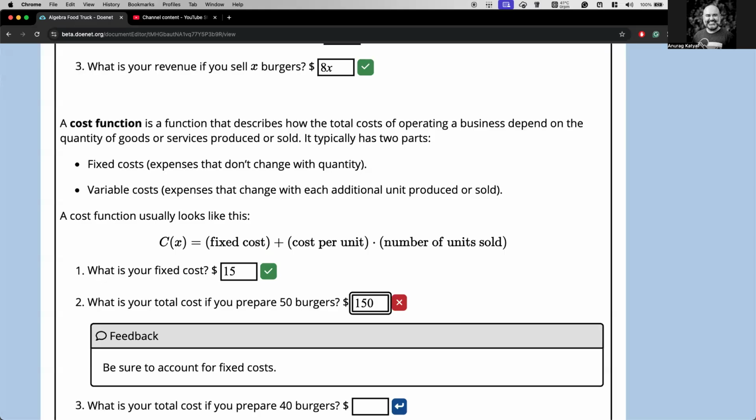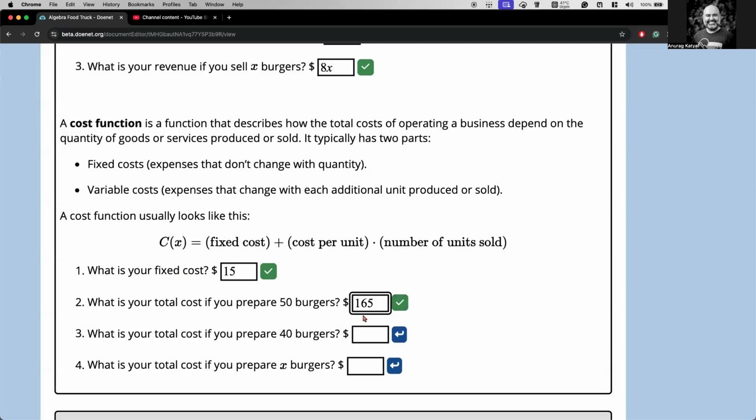Do we understand why it's 165? What about 40 burgers? 40 times 3 is 120 plus the $15 that we have to shell out regardless is 135.